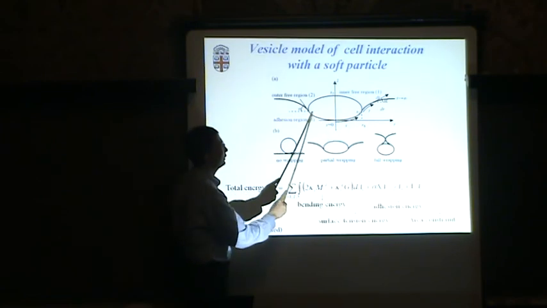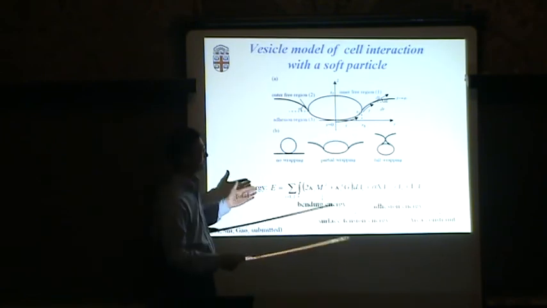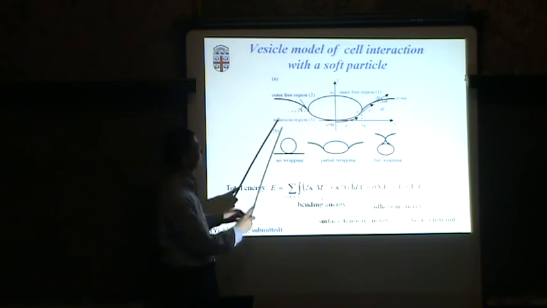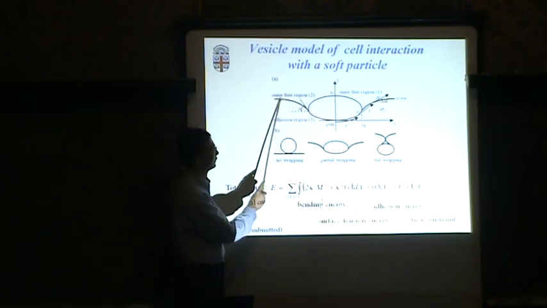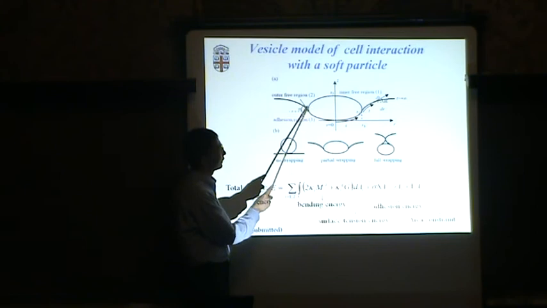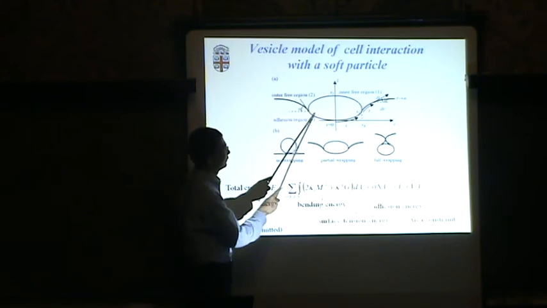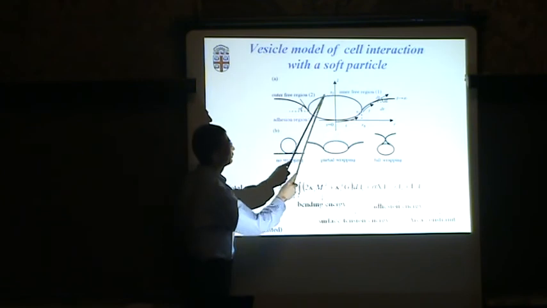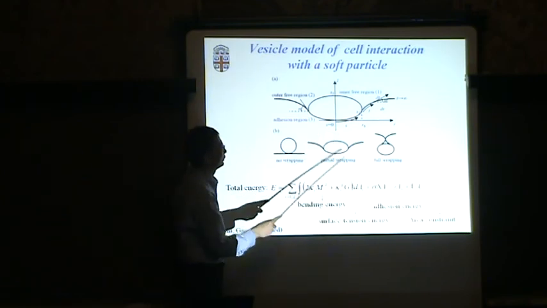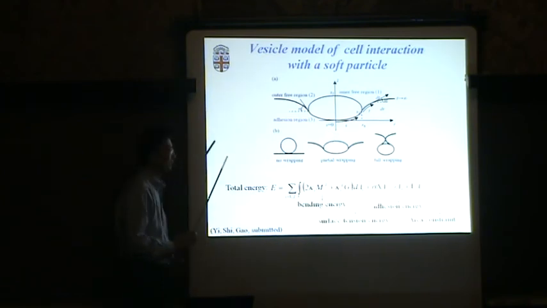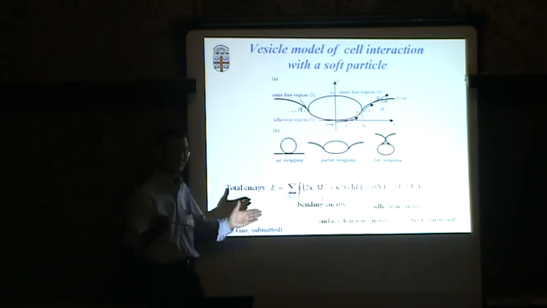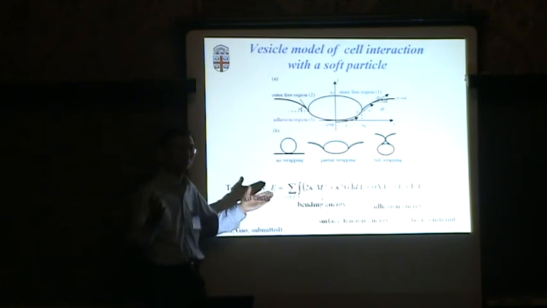This is the cell membrane. So this interaction can be divided into several regions. We call this the ultra-free region, the free part of the membrane. This is the adhesion region. This is the free region of the vesicle. We call these inner free regions 1, 2, and 3. We anticipate there are different equilibrium positions.